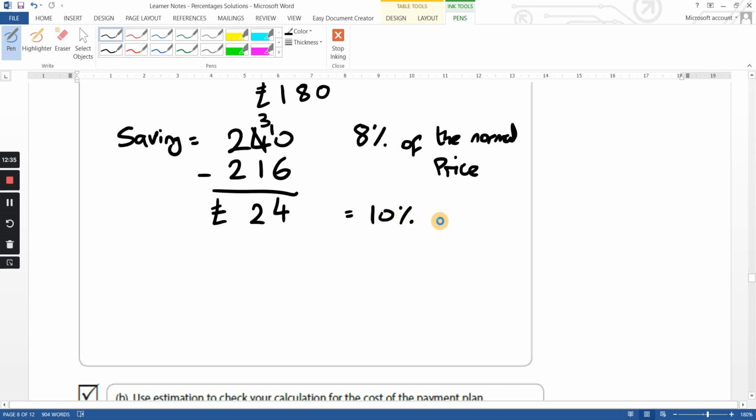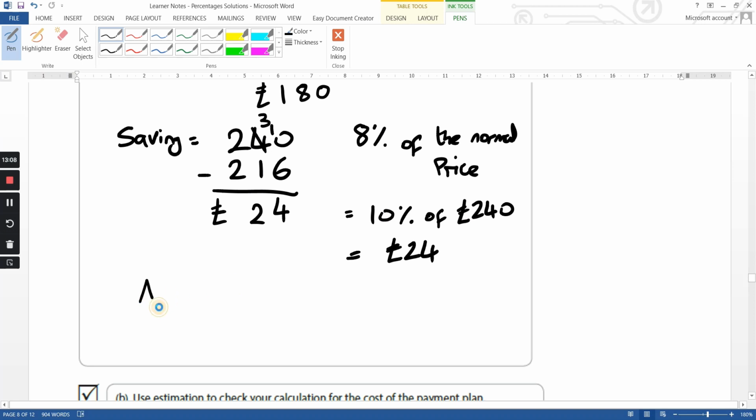I'm going to do it this way. 10% of 240 is £24. So straight away you can see 10% is £24. It's not the same as 8%, is it? So 8% is going to be something different. So you can say that 8% is not the same as £24, and that's your answer.